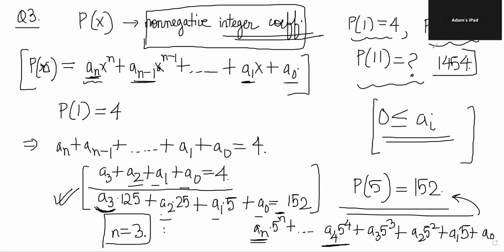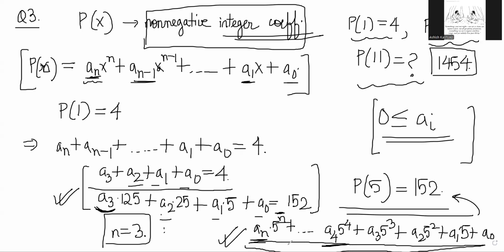But also one other way to think about it is to look at this expression, right? This expression that we have for P(5) looks like a number written in base 5.